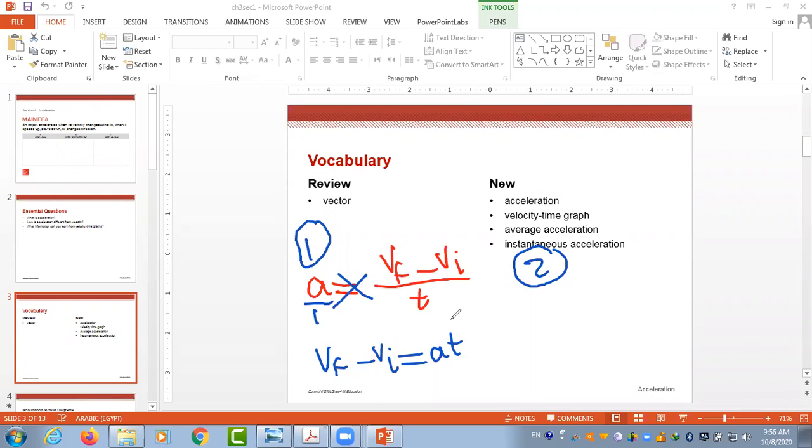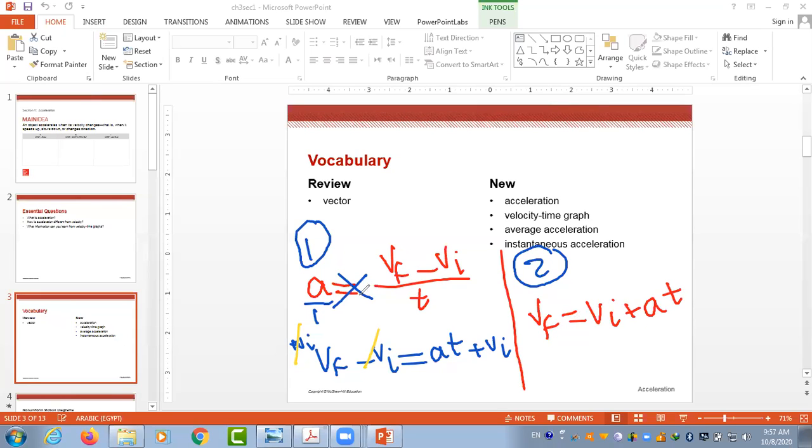We can move Vi to the other side, or we can just add positive Vi to both sides, so we cancel this one as we used to do. So what we get in the end: Vf equals Vi plus a t.